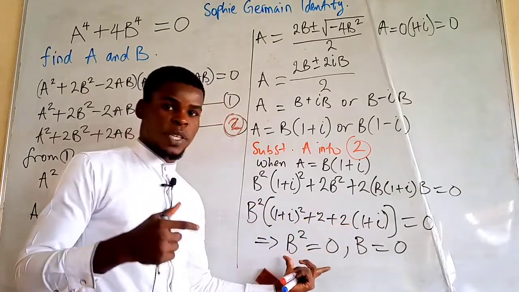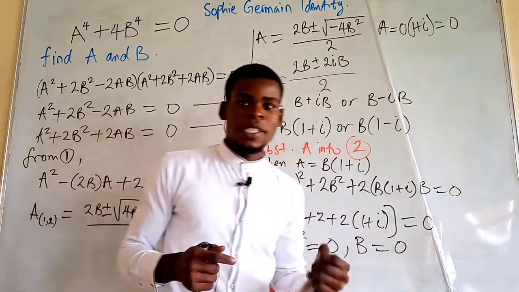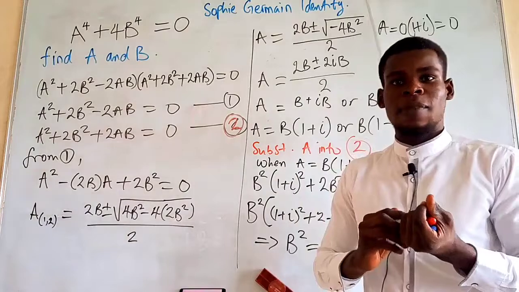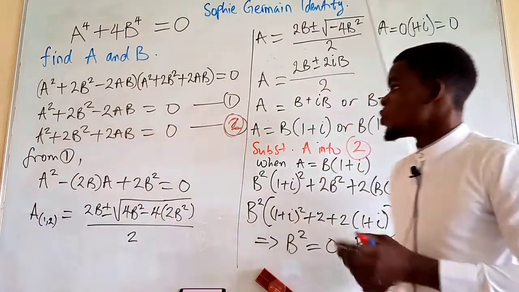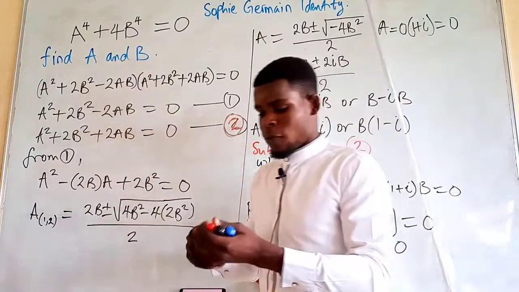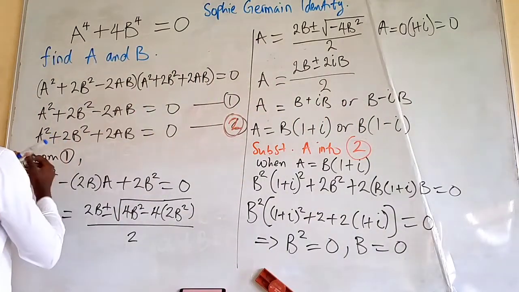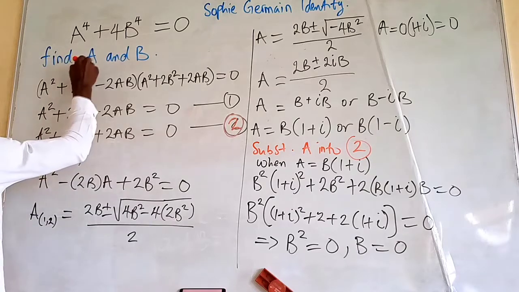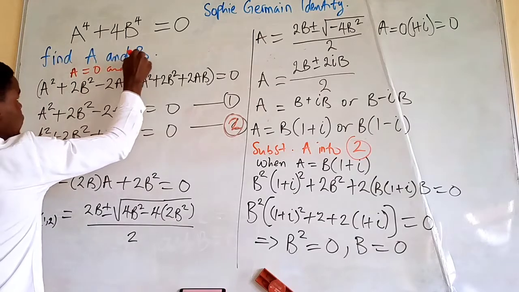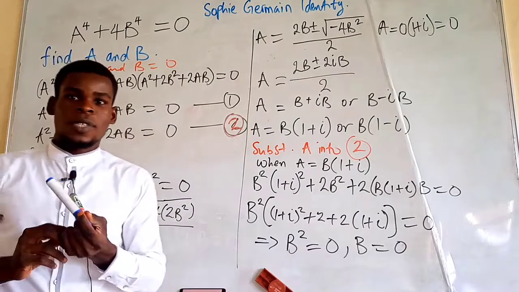So b squared is going to be 0. So that follows that a is also going to be 0. So that means that for the two cases, a and b will be zeros. So from there, it also shows that the values of a and b here are just zeros. So a is 0 and b is 0. There are no other solutions to that.